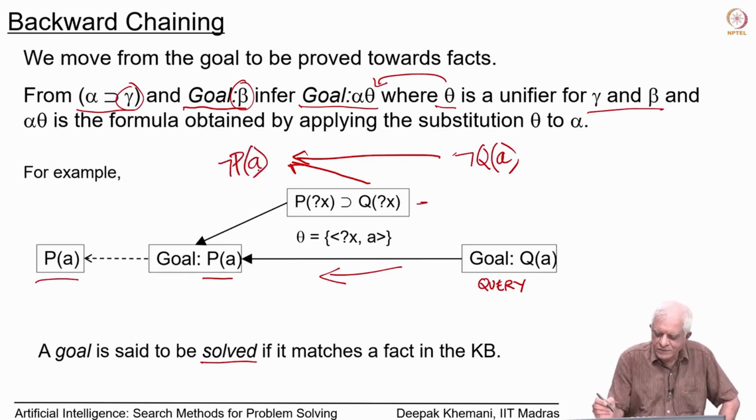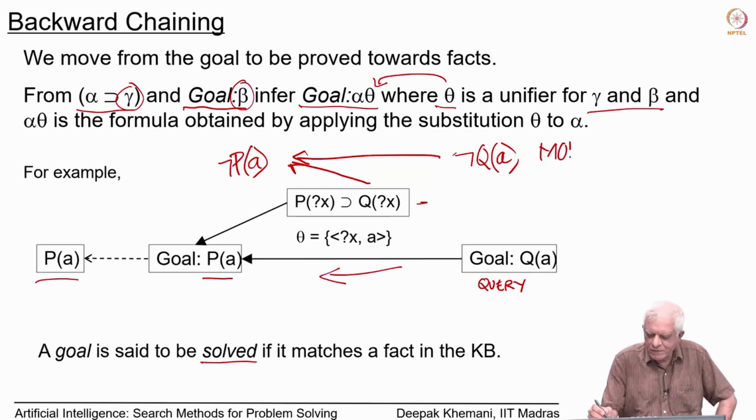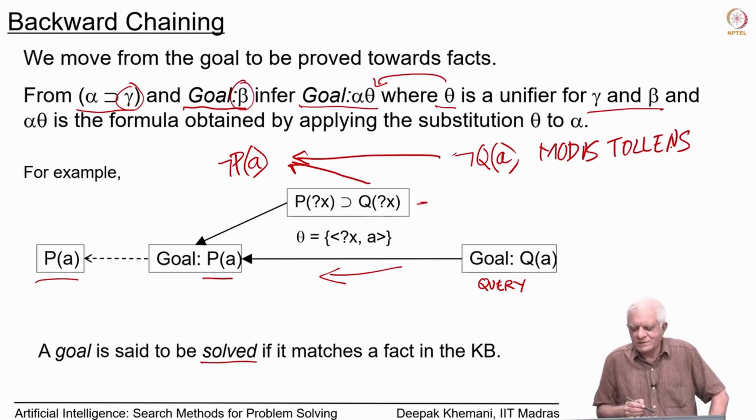This was the rule of modus tollens. We have not paid too much attention to individual rules of inference, but hopefully you remember modus tollens. It is one of the more common rules used in logic.